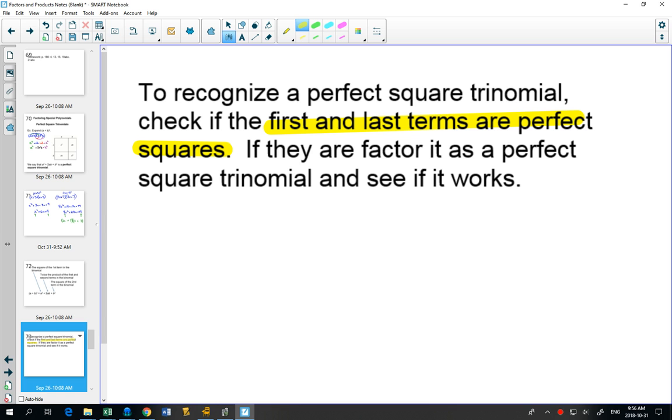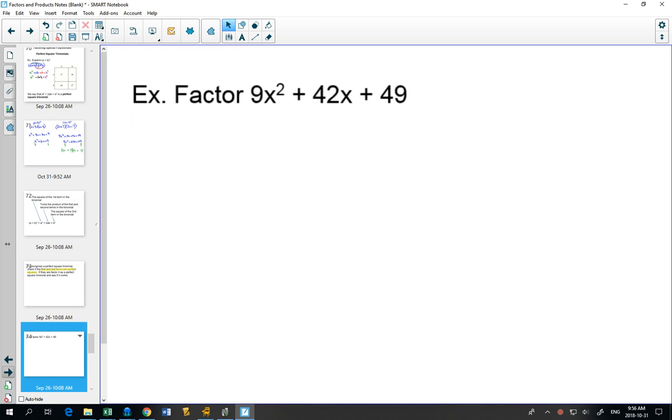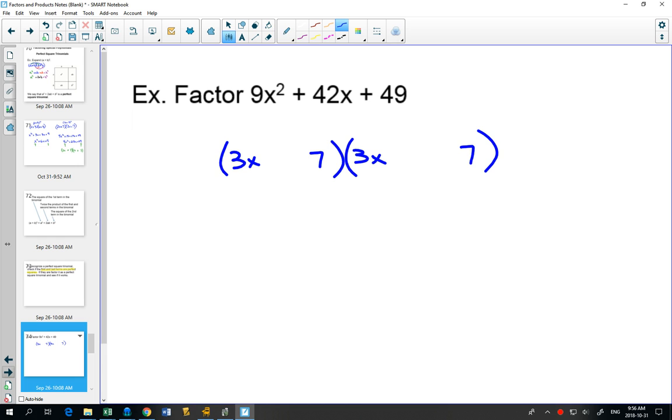So then you check to see if the inside one works out as well. So what does that look like? Okay? This one possibly could be a perfect square. If it is, you would have 3x here and 3x here, 7 there and 7 there.